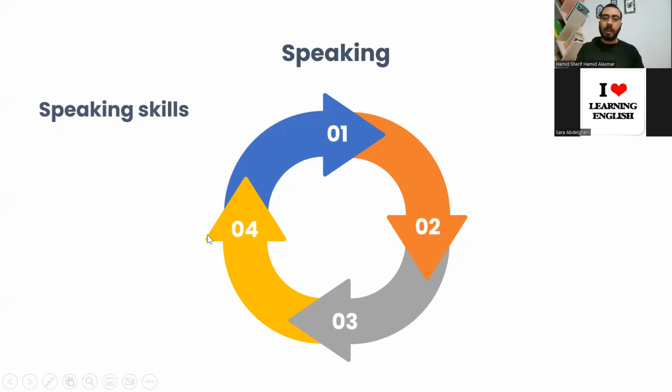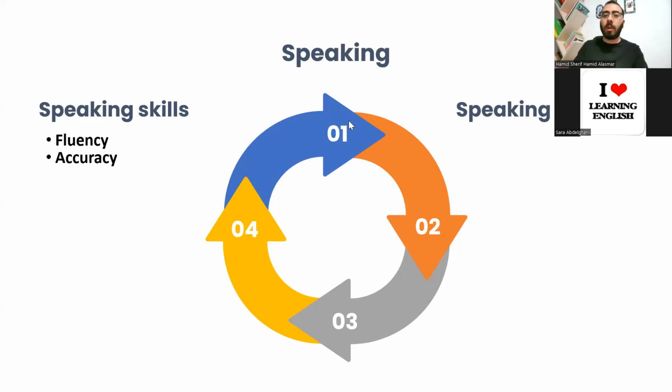The first thing we have is what we call the speaking skills. Probably you're all familiar with the terminology, fluency and accuracy. These are the first things that come to mind when you hear the word speaking sub-skills or speaking skills. The second thing is what we call speaking functions.